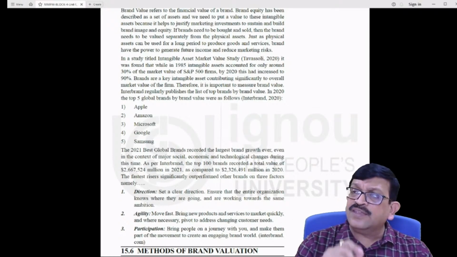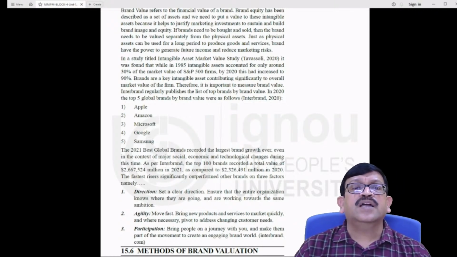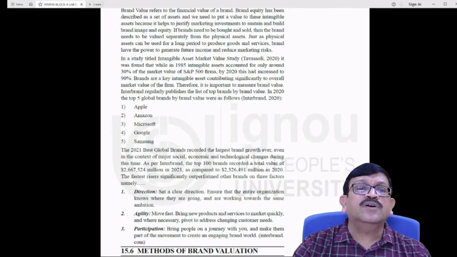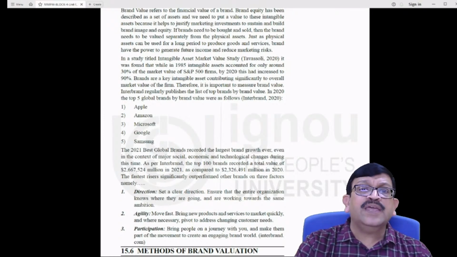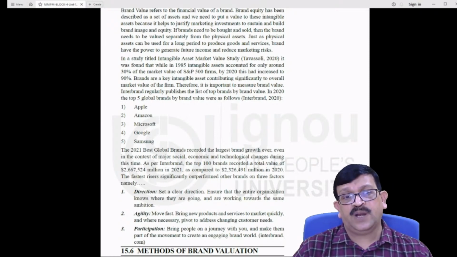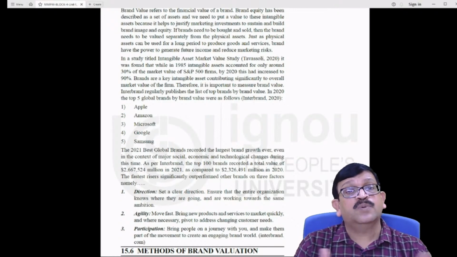According to this study, in 1985 the market value contributed by intangible assets in the S&P 500 firms was only 13%. But in 2020, the market value contributed by intangible assets, of which brand value is one, is about 90%.